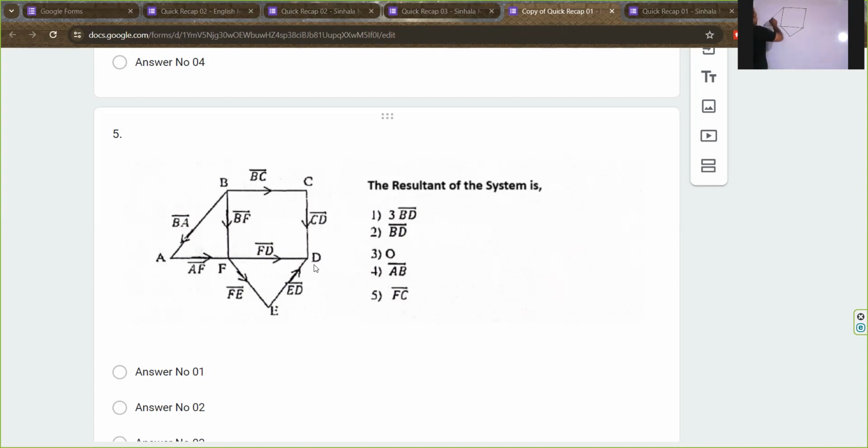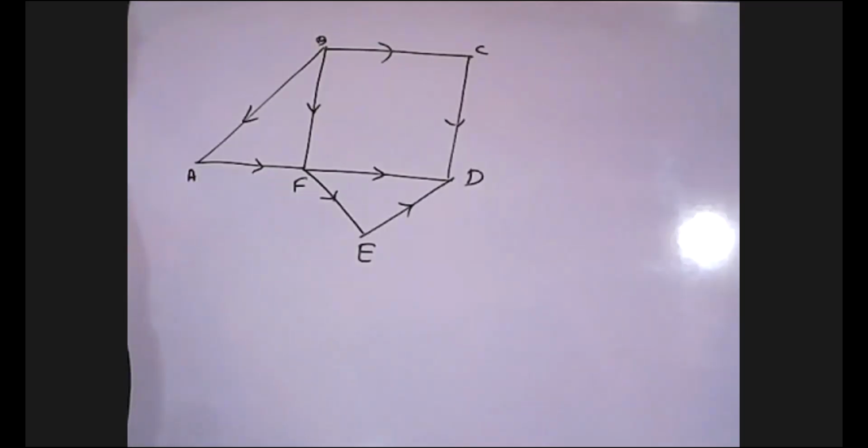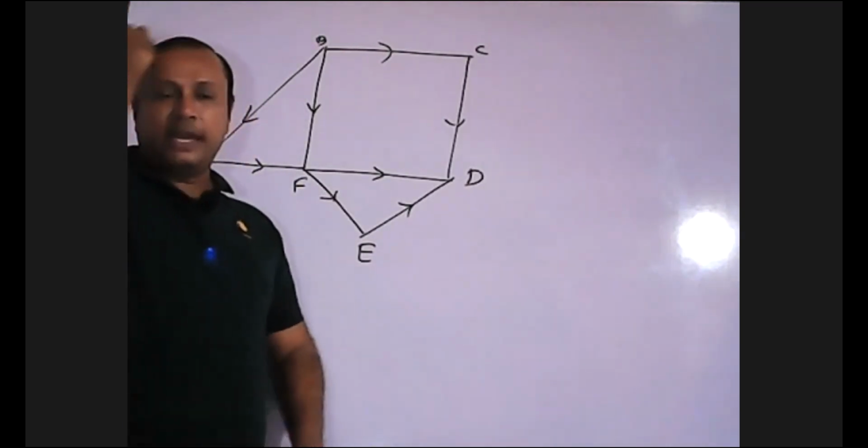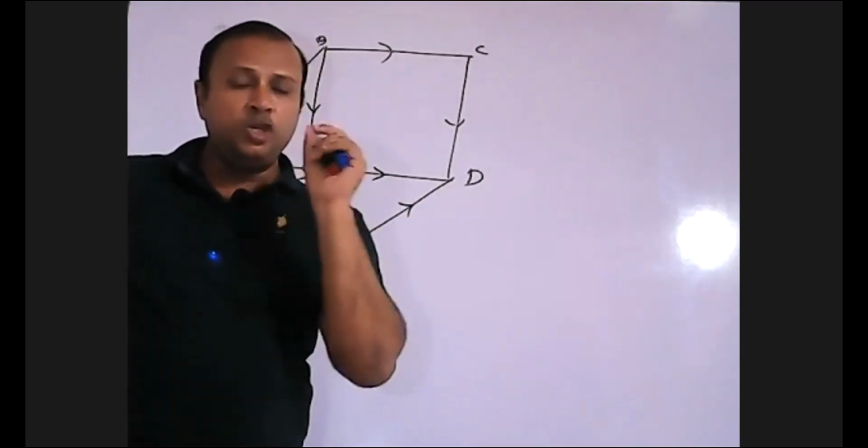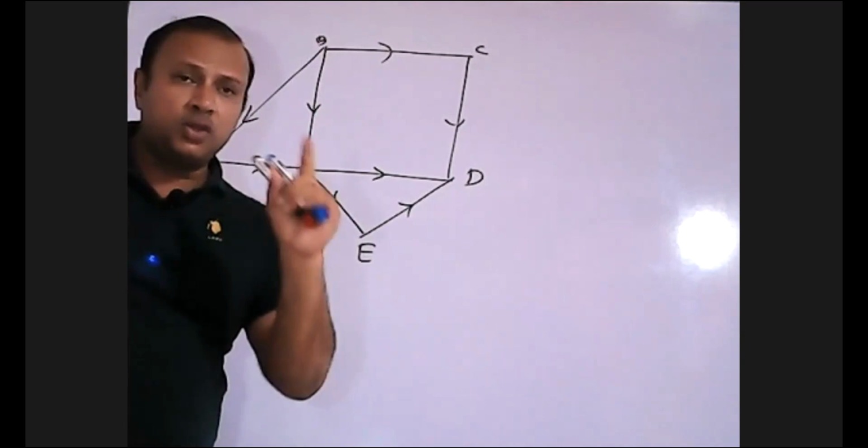B, A, E, no, okay. A, B, C, D, F. As I told you earlier, if you are given this kind of vector system, the first thing you have to do is look at whether there is a closed loop or not.